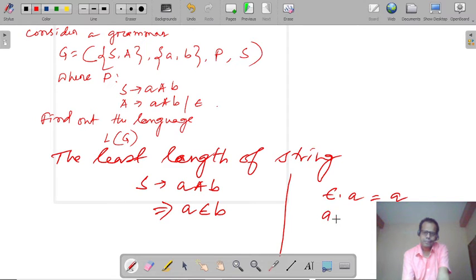So a concatenated with epsilon will be a. Here also the same thing, a epsilon b will produce ab. This will be the least length of string.